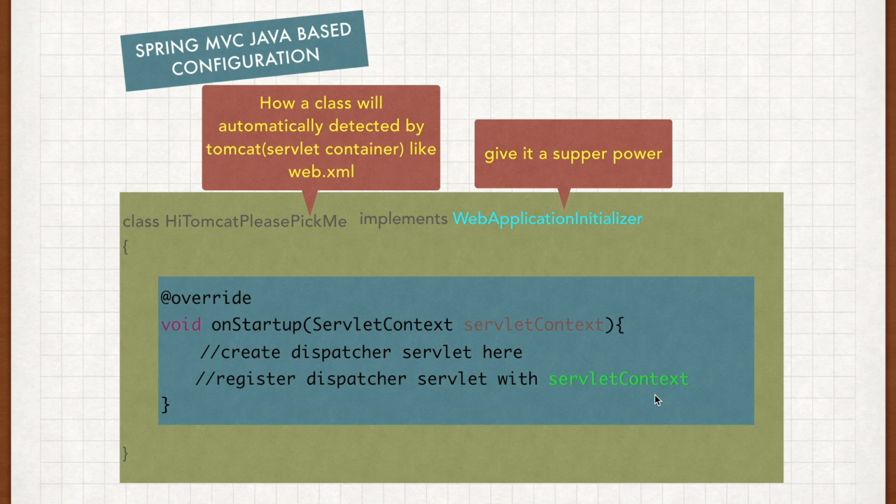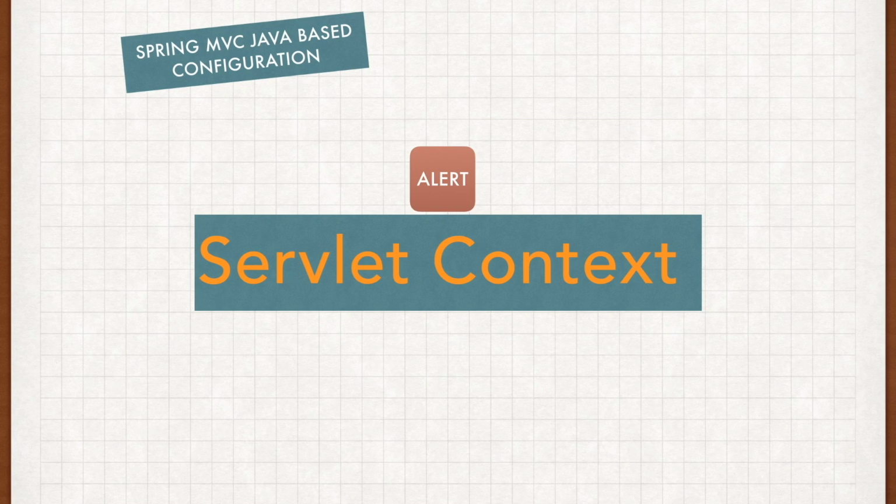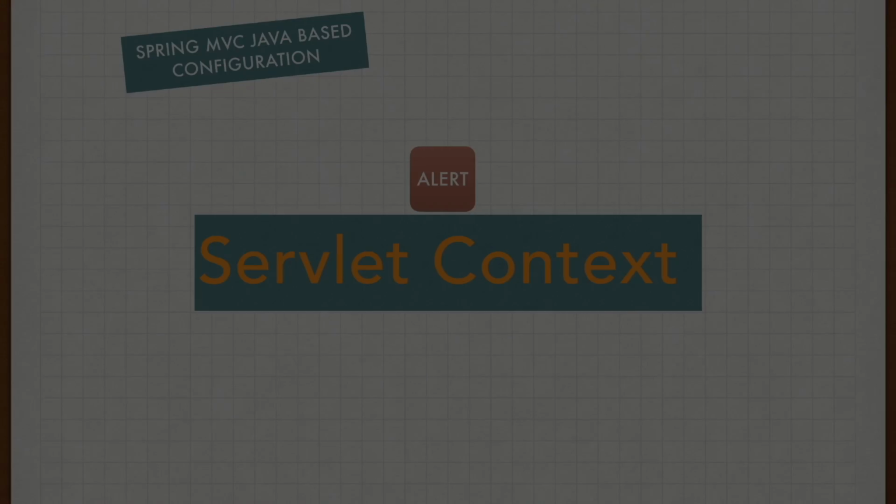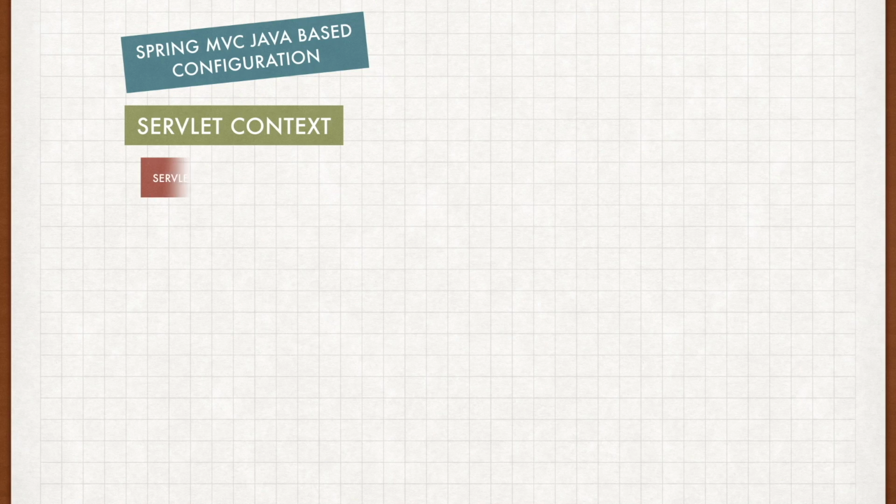Right now, it's a confusing word. What is a servlet context? And obviously, I know if you have completed your JSP and servlet course, you already know about servlet context, but here is some important information about it. The first thing, the servlet context is an interface. It's not a class, it's an interface. So if it is an interface, the next question which is going to come to me is, okay, Abhilash, if it is an interface, then where is the implementation?